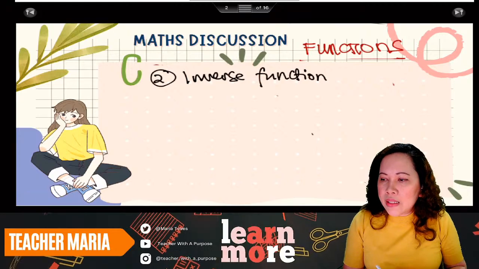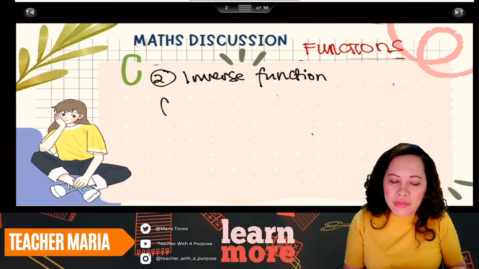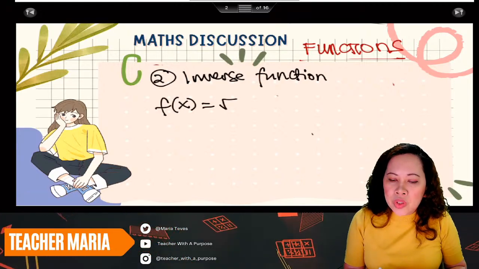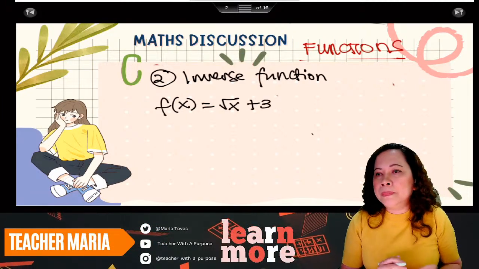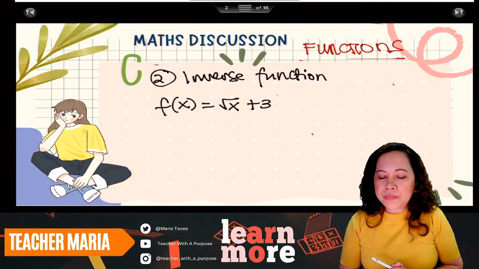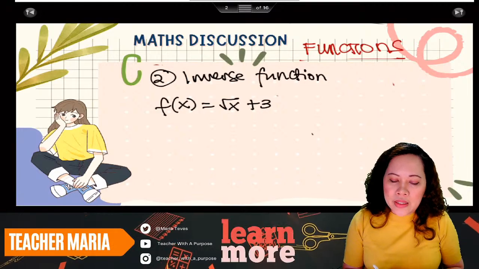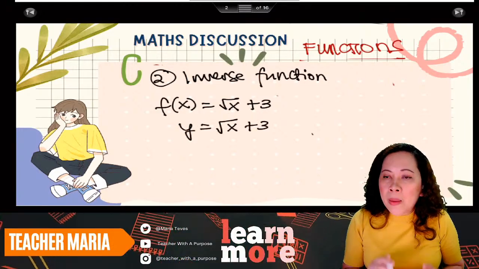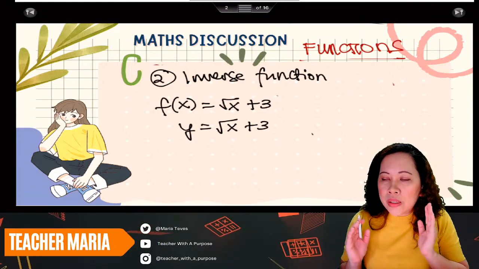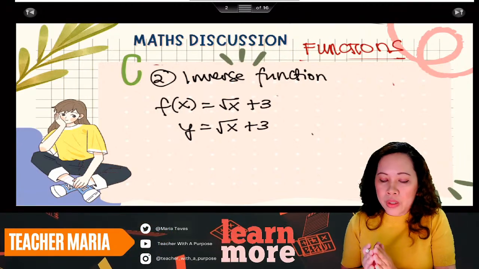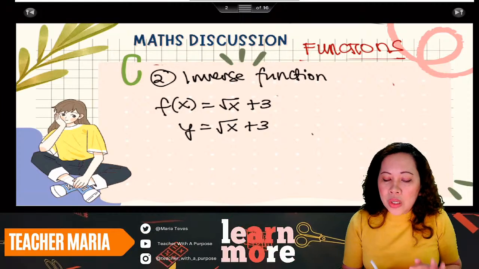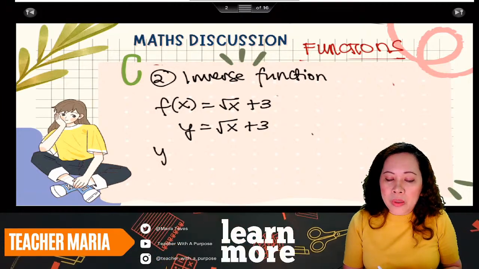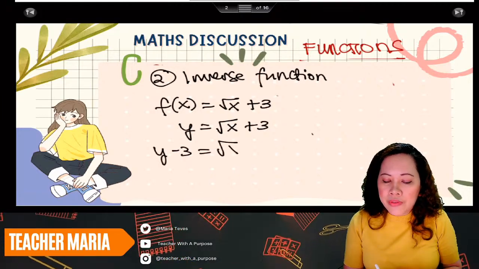All right, so let's say, for example, you have f of x equals square root of x plus 3. What you need to do is substitute that as y and make x your subject. So transfer 3, that will be y minus 3 equals square root of x.